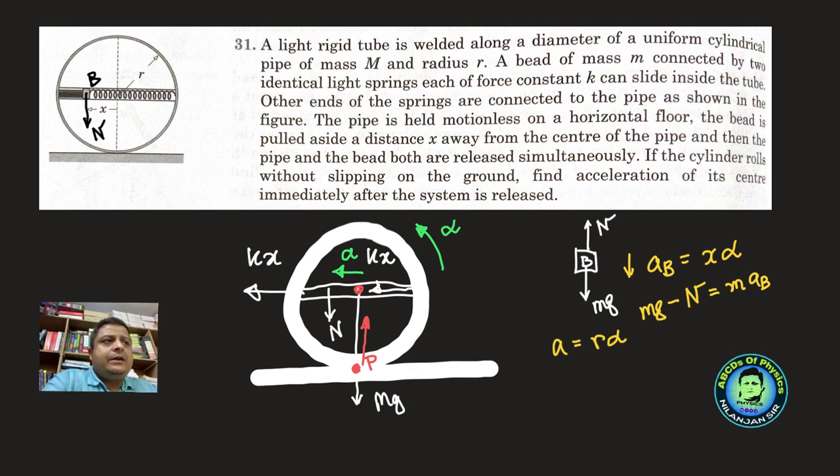So considering torque from P, the torque due to pseudo force will be 0, and here actually the acceleration of P is 0 because this thing is at rest. If this thing is moving, then the acceleration of P will be upward. How much is that? r times the angular speed squared. But here the angular speed is 0.